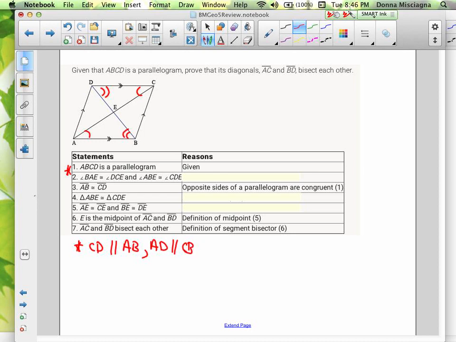And of course, the reason is opposite sides in a parallelogram are parallel. So that really should have been said there first. And of course, the reason those angles are congruent is they are alternate interior angles formed by parallel lines. So we definitely should say formed by parallel lines if we don't add that extra step in there.